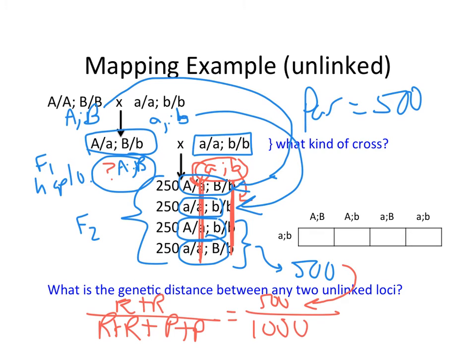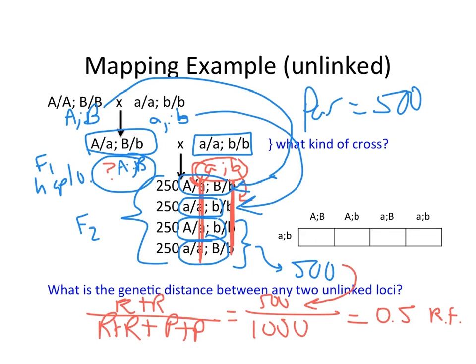So what's the genetic distance between gene A and gene B? 0.5. When you do this calculation, this is the recombination fraction, because it's a fraction, right? So these two genes are 0.5 RF apart.